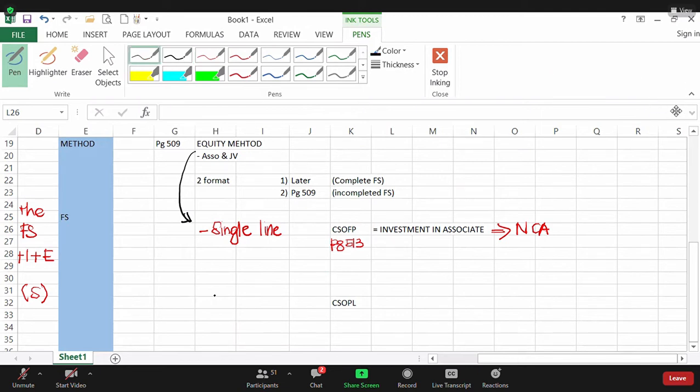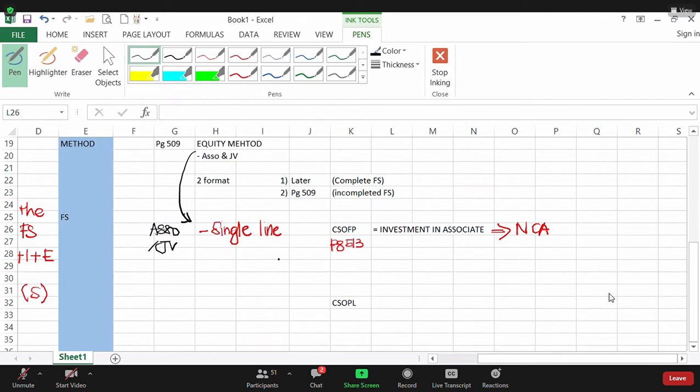The statement of financial position of the associate or joint venture is not consolidated but equity accounted. So equity accounted is equity method, under associate or JV, they put a single line.